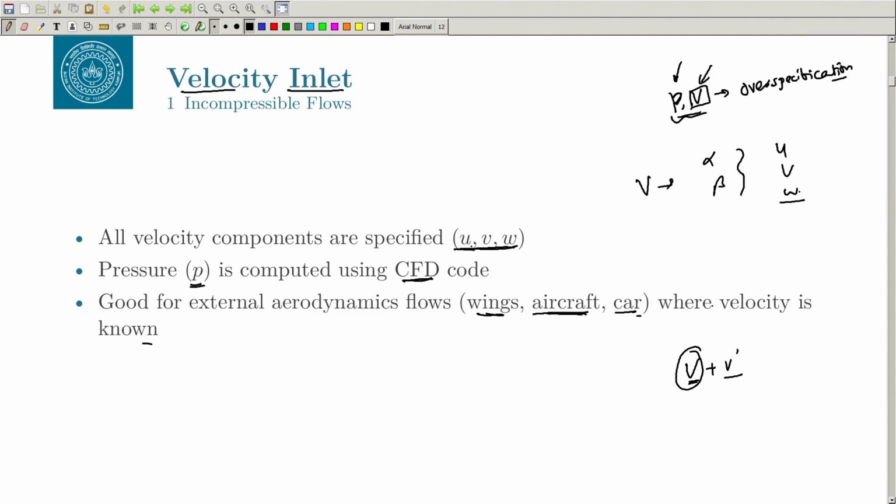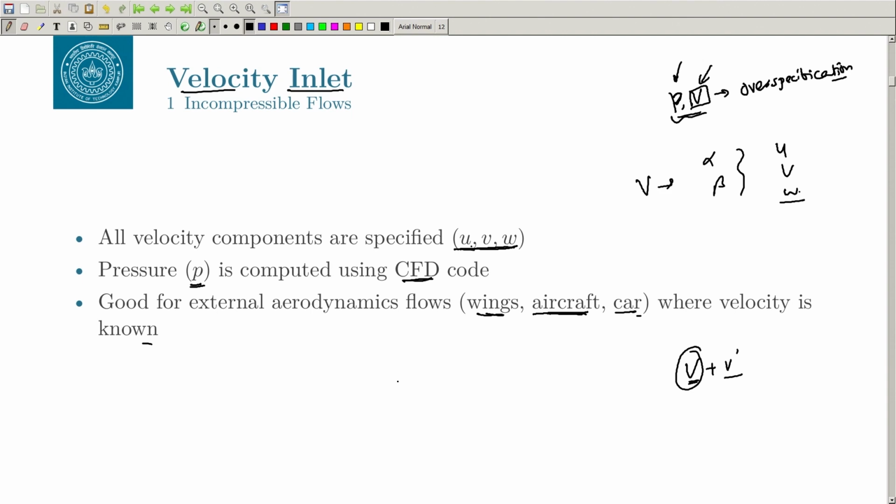In the case of a car, if you want to simulate flow behind a car, in reality your car is moving and your road is fixed, and your air velocity is not that high, but the car velocity is very high. On the other hand, if you want to do CFD simulation, a better approach is to keep the car fixed and give the velocity of the car to the air, in the opposite direction.